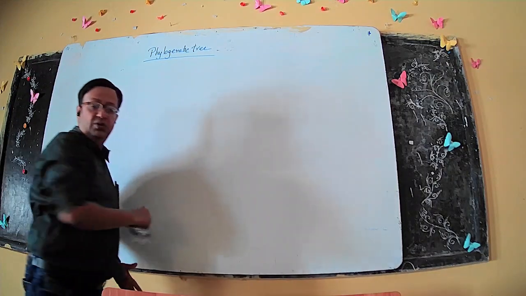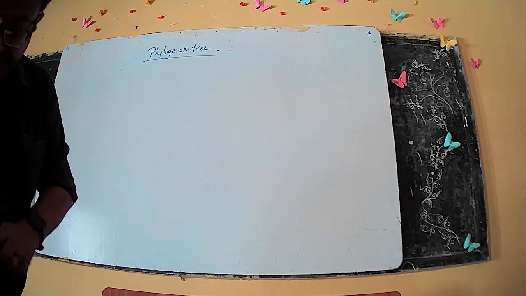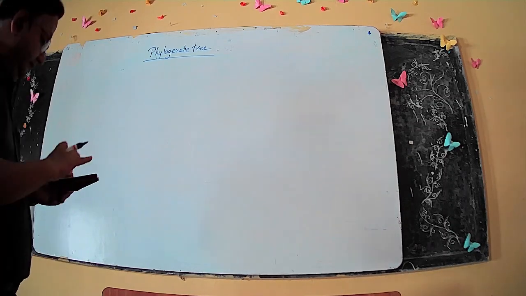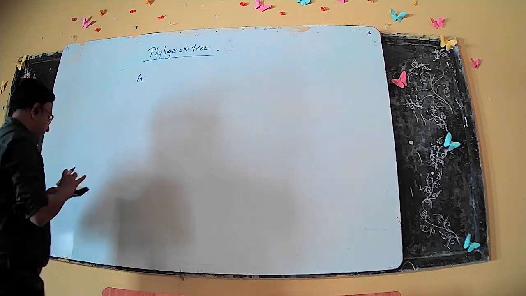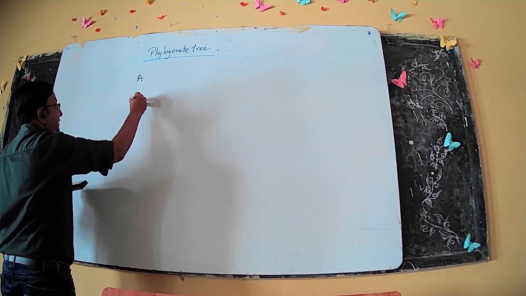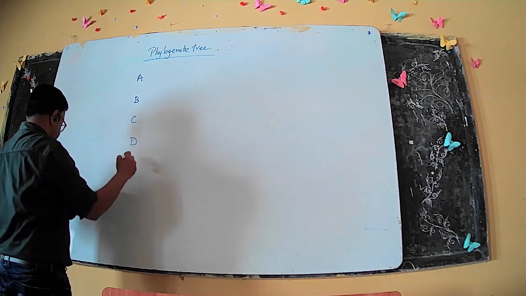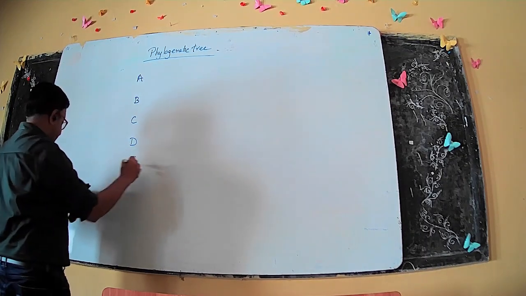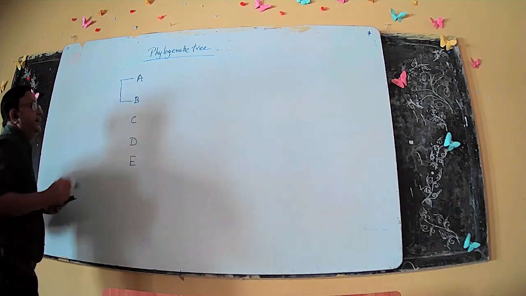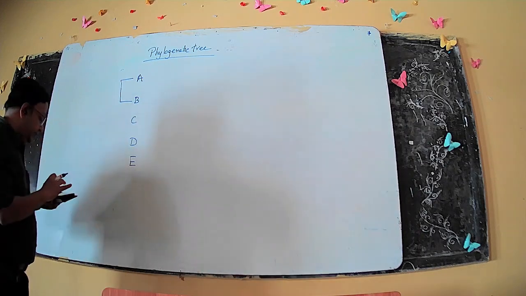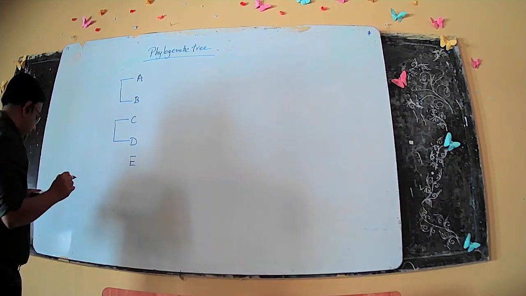Now we must look at the structure of a phylogenetic tree. So we draw species A, species B, C, D and E. Here A and B are very closely related. I just turned it this way around. C and D are closely related.